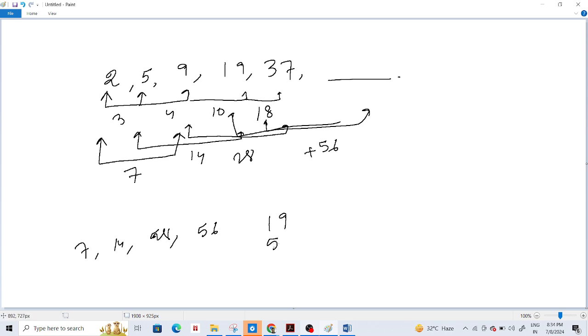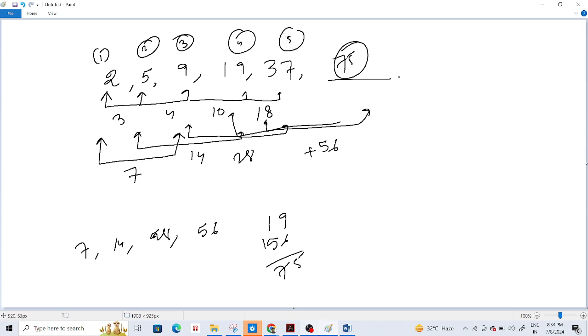So 19 plus 56 is 75. Do you understand? So alternative numbers, I mean 1, 3, 2, 4.